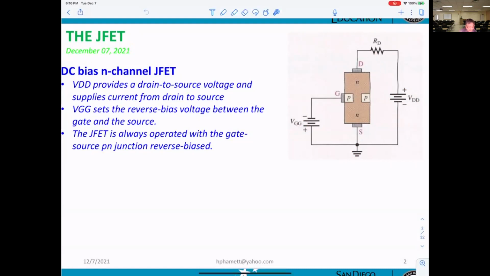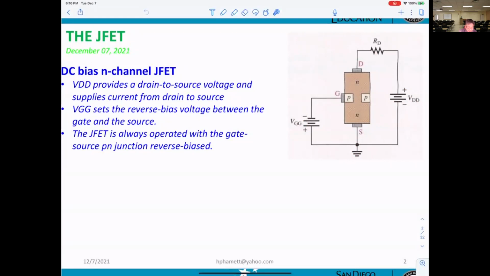Okay, this is the explanation. VDD provides a drain to source voltage, and supplies the current from the drain to the source.